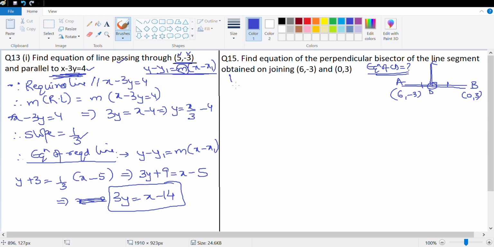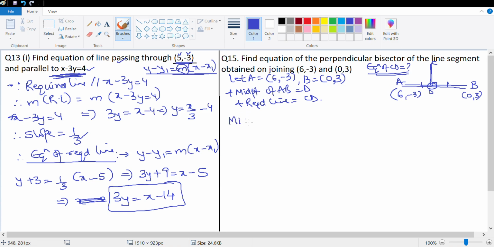Let A be 6, negative 3, B be 0, 3, the midpoint of AB be D and the required line be CD. So these are the elements that we've assumed. Now let's find the midpoint of AB first.